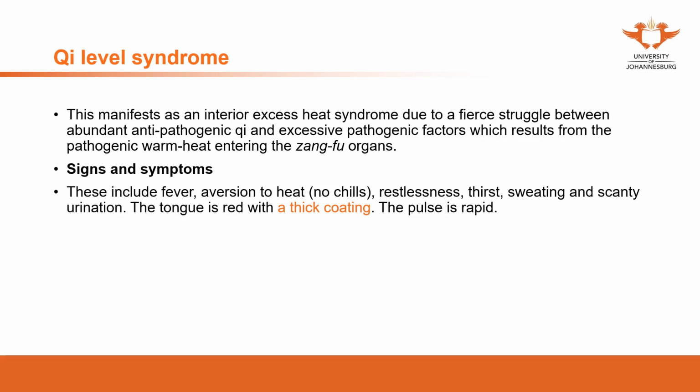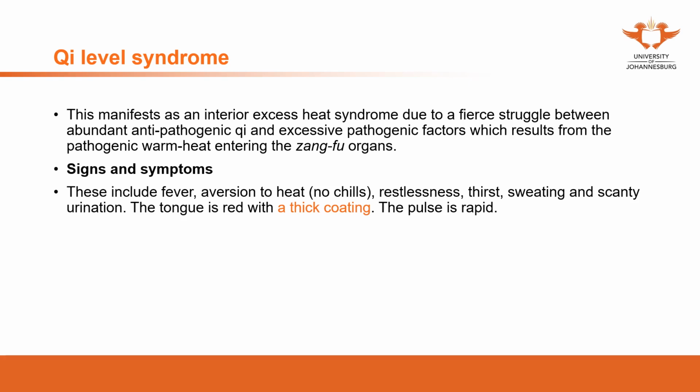You can see from the tongue coating the differentiation between the Wei level and the Qi level, which makes it much easier to study, because it is very obvious to observe a thin coating versus a thick coating on the tongue. When you see a thick coating on the tongue, you will know that the pathogen has already developed into a deeper level and already affects the organs and their functions.